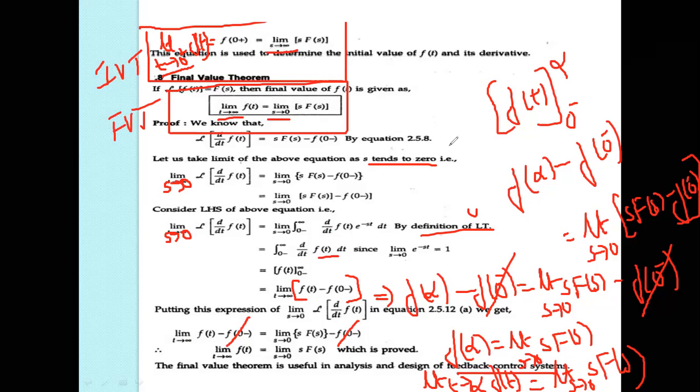These two theorems, the initial value theorem and the final value theorem, we can prove using one of the properties, the differentiation theorem, that too for the unilateral Laplace transformation. Don't use the bilateral Laplace transformation theorem. Understood?